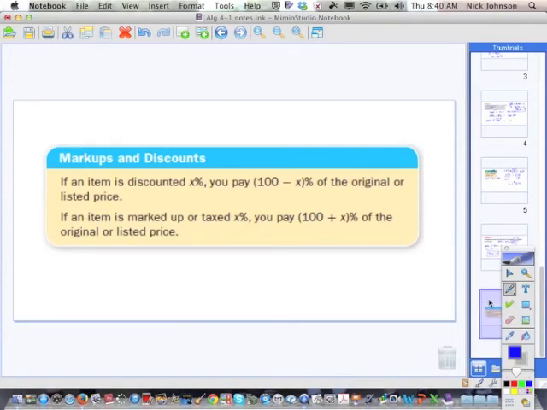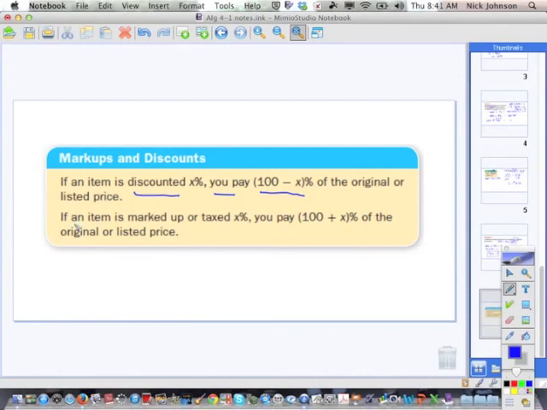Markups and discounts. We just talked about a discount problem, but there is also such a thing as markups. If an item is discounted X percent, you will only pay 100 minus X percent of the original cost. Okay? As we just showed earlier, 100% minus 15% was 85%. We only paid 85% of the original cost.